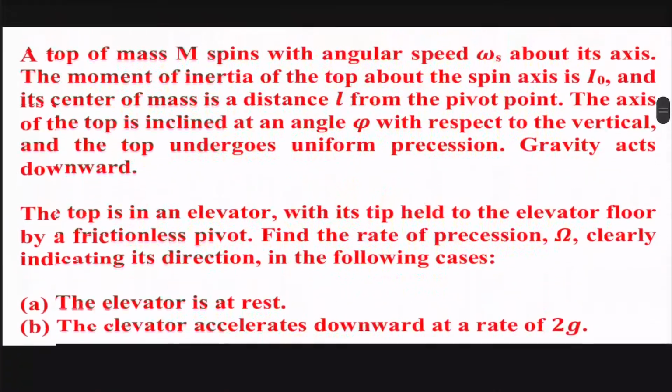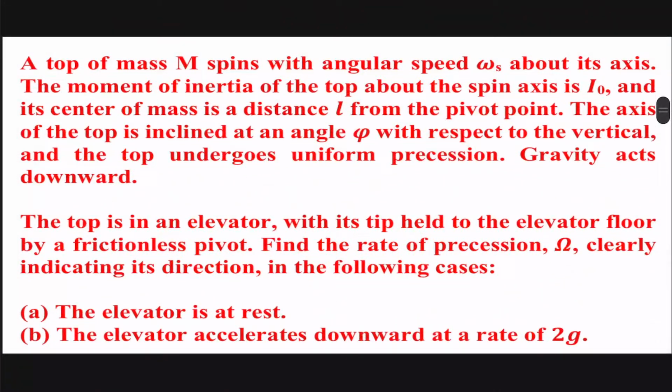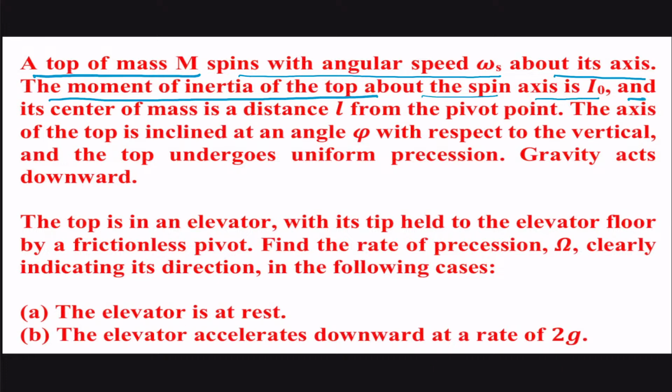Come to the next question. It states that a top of mass m spins with the angular speed omega s about its axis. The moment of inertia of the top about its spin axis is I naught, and its center of mass is at a distance L from the pivot point.